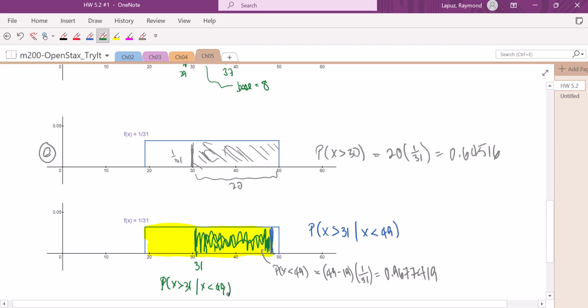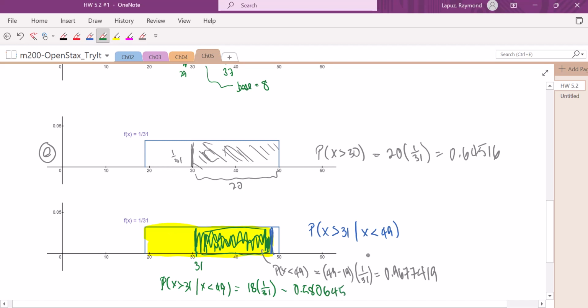We only go up to 49, we don't go up to 50. So the base of this rectangle will be 49 minus 31, and that's going to give us 18. The base is 18, and the height is always 1 over 31. So 18 divided by 31 is about 0.580645.